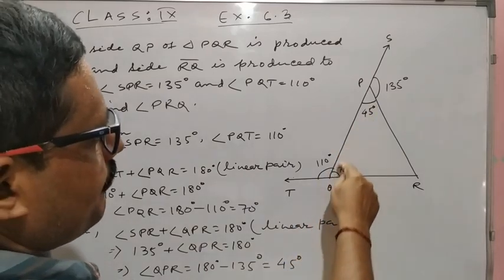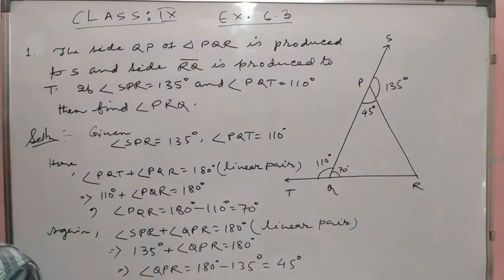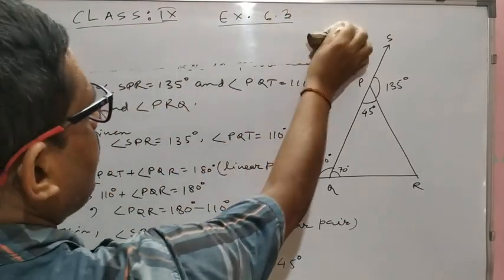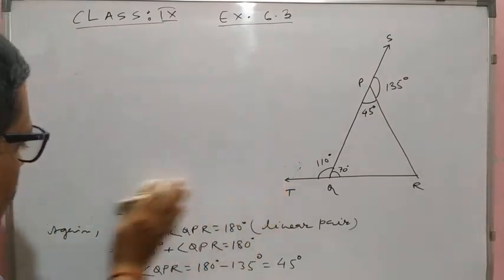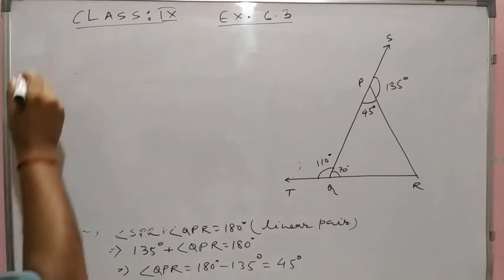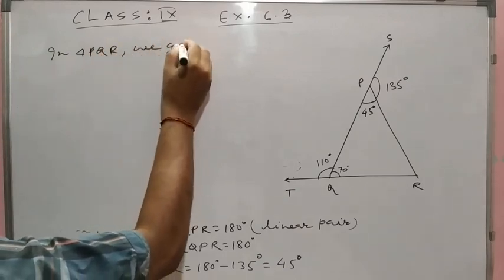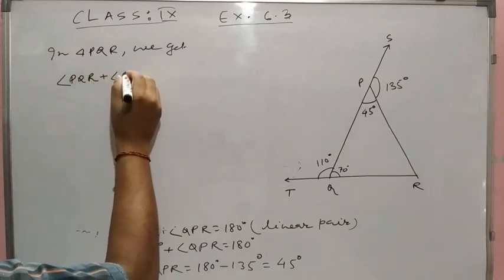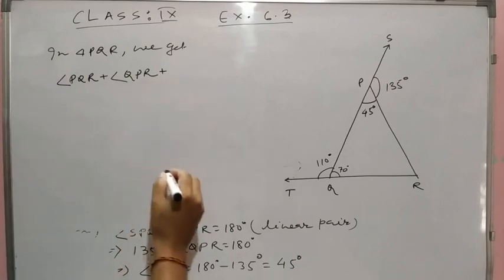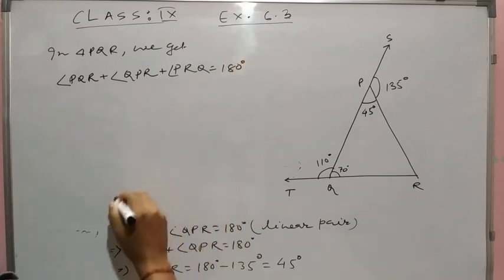Now let us apply the angle sum property in triangle PQR. So in triangle PQR we get angle PQR plus angle QPR plus angle PRQ equals 180 degrees.